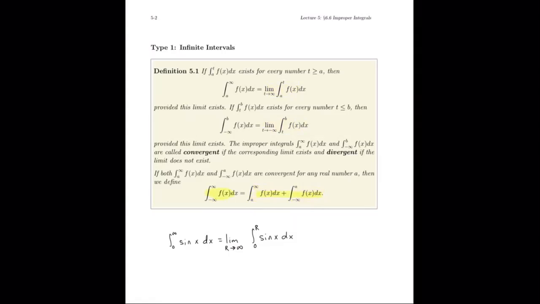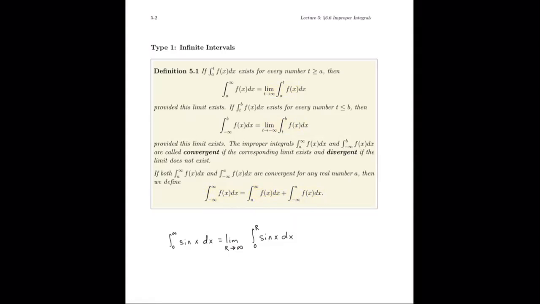Typically in our operations, we'll split this right away into these two type 1 integrals, then manage them with limits, and then take those limits. If both limits exist, then both of these integrals converge, and overall this integral will converge. If one of those has a limit that does not exist, then this does not converge. We just call it divergent.